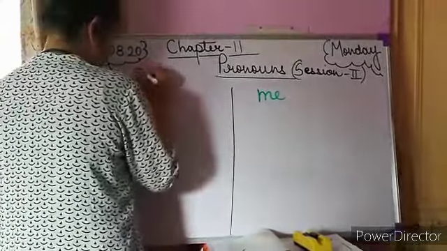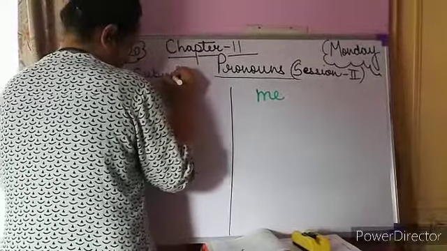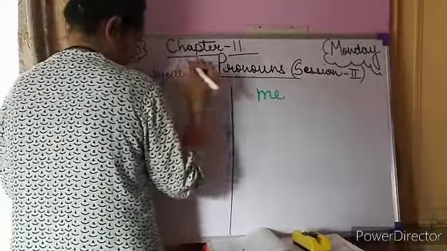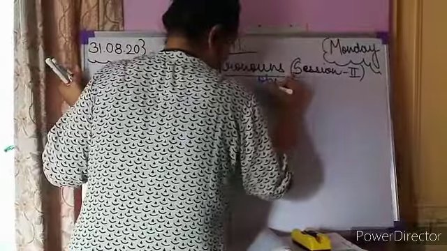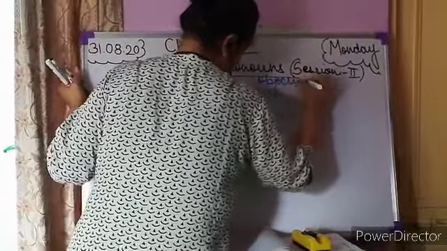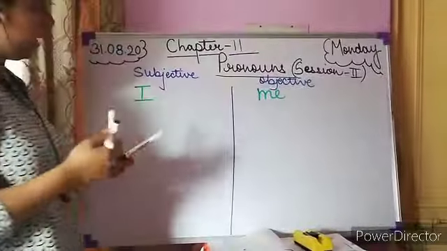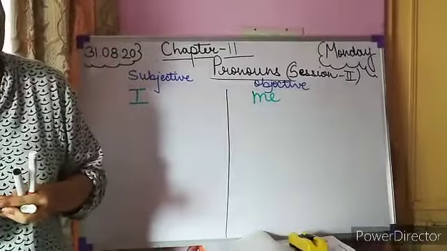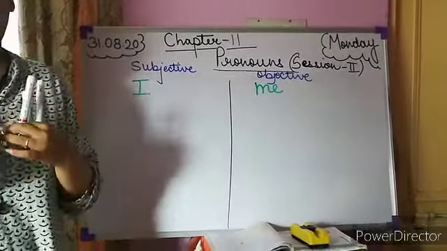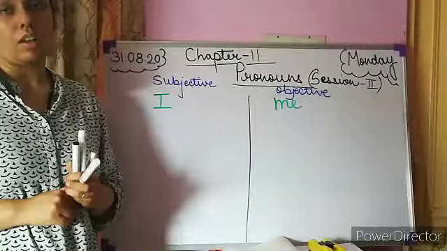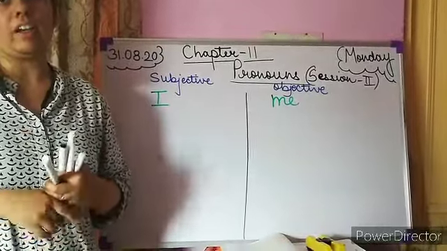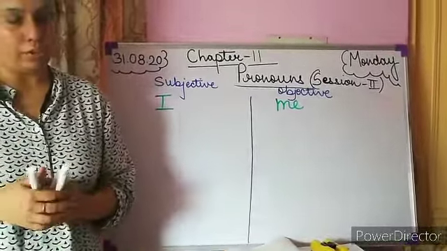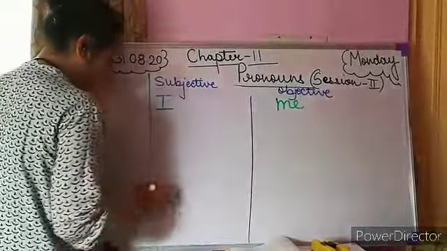So, this is subjective and this is object, because here I'm saying Alpha likes me. So, me here is actually object, because here I am receiving the action of love from Alpha.